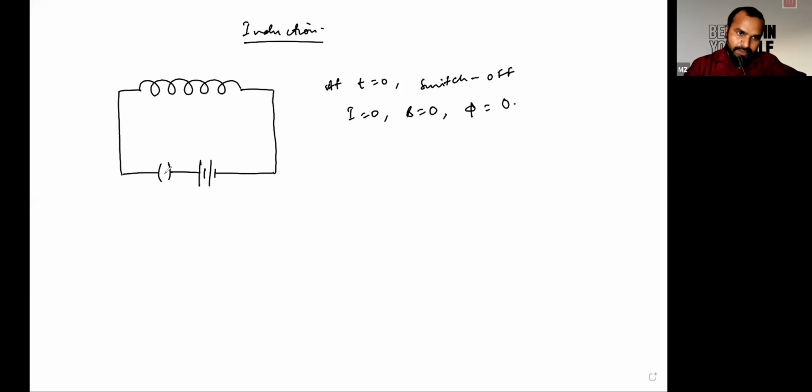But when the switch gets on, then current from this battery will start increasing to flow through this coil. Starting from 0, it will increase to gain its maximum value, that is called I naught. Due to this current, there would be a magnetic field in this coil.